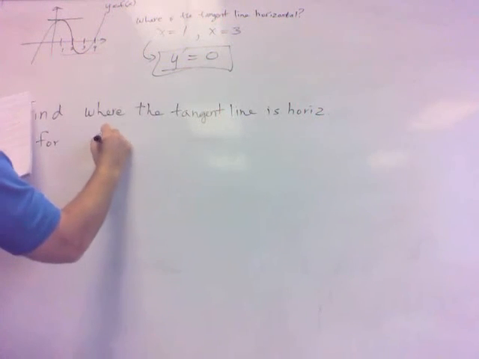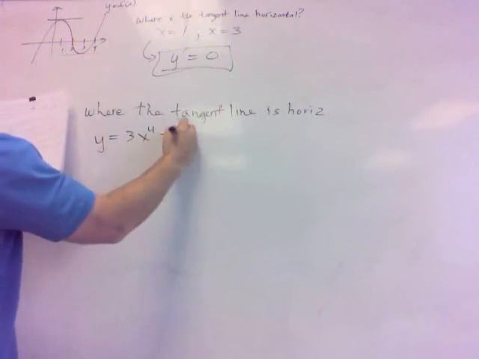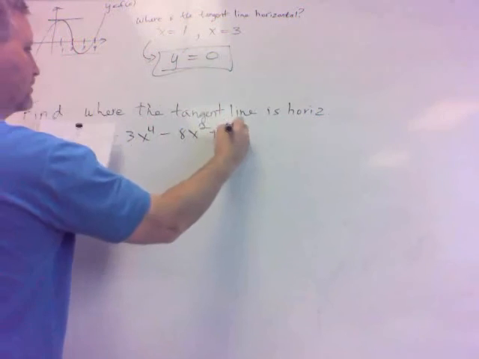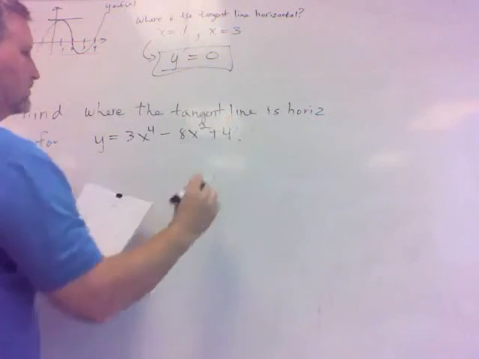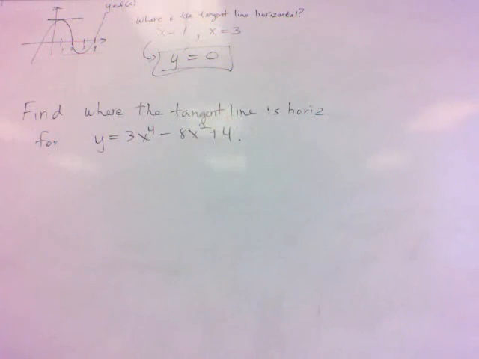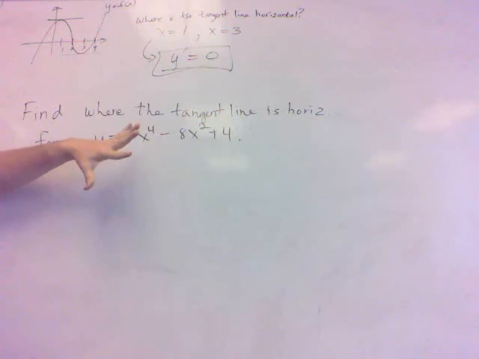for y equals 3x to the 4th minus 8x squared plus 4. Well, I could sketch the graph and locate those horizontal tangent lines, but since the tangent line is horizontal, the slope is 0, therefore the derivative is 0. Can't I do this with the derivative?